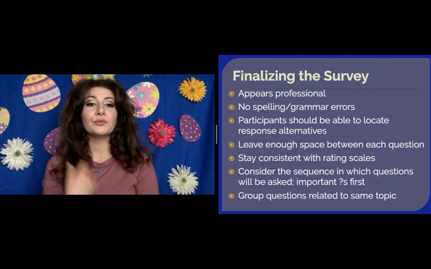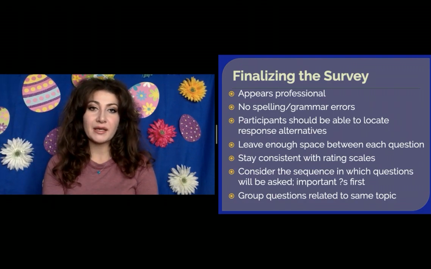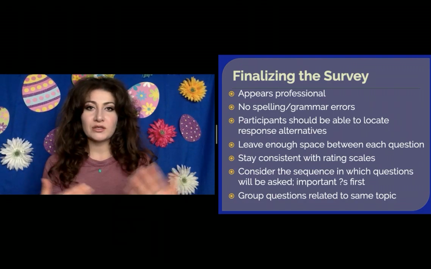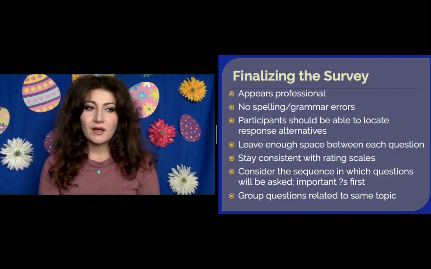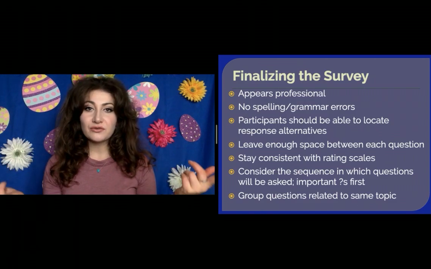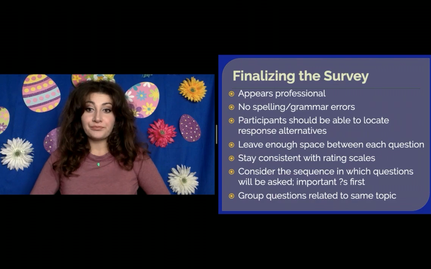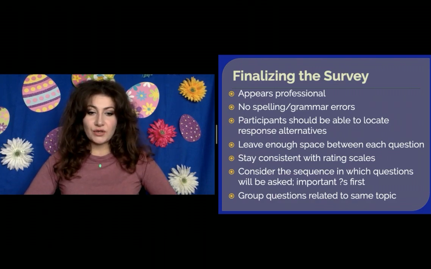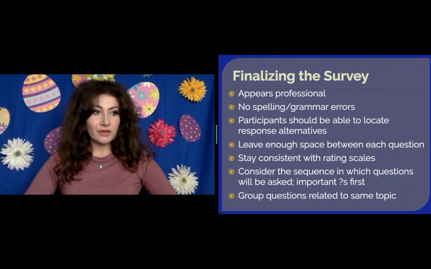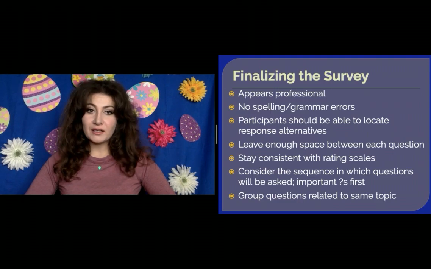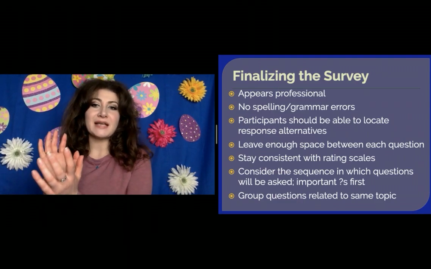And generally, it's a good idea to group the questions related to the same topic. If we think about the way information is actually stored in our minds, we store information in categories, and we're also able to retrieve information more quickly if that information is coming from the same category. So if you're going to ask a variety of questions about a product, you generally might group them by task.